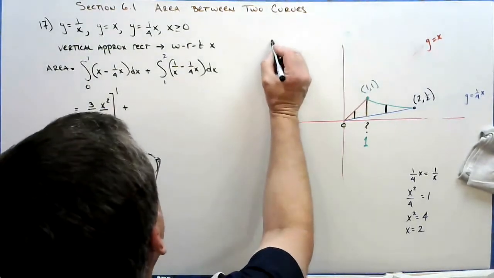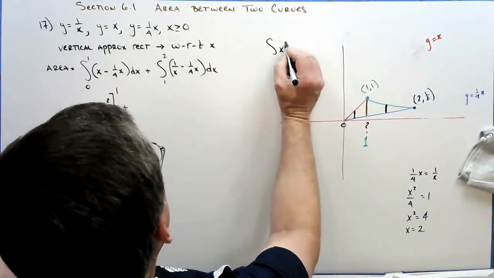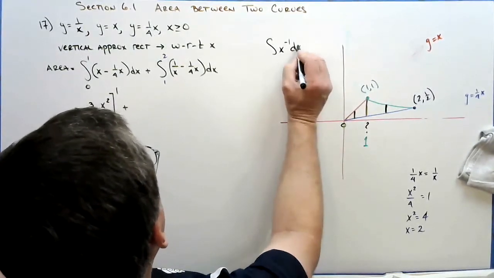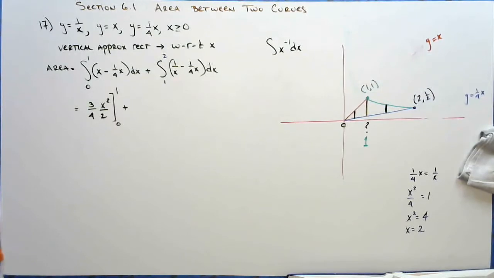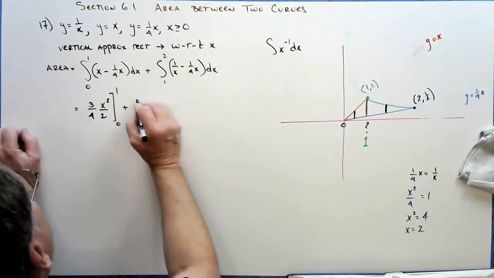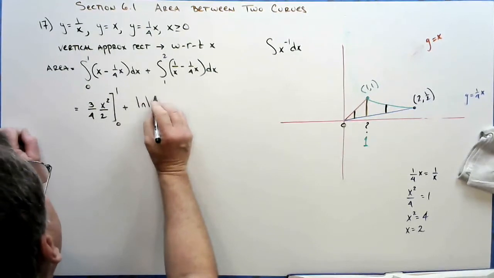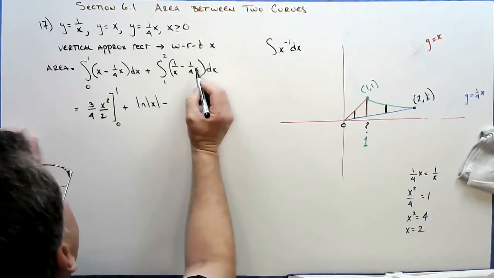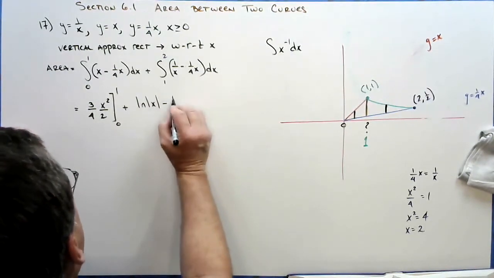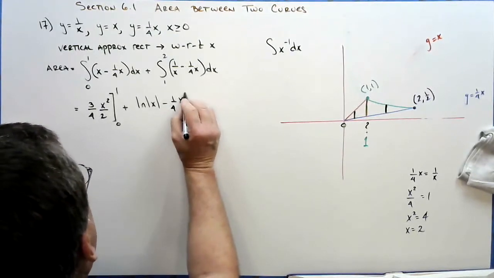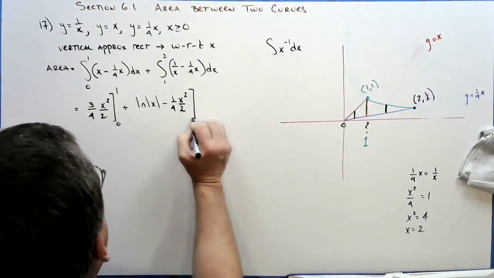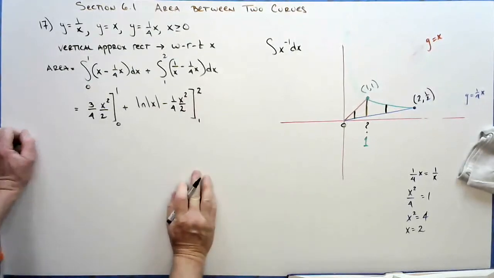That's x to the minus 1. Well, we know the integral of x to the -1. It's not add 1 and divide, because if you add 1 you get x to the 0 divided by 0. That's the natural log of x. Minus, this is x, 1/4 is a constant, so we get x squared over 2 there, and we're going to evaluate that between 1 and 2.